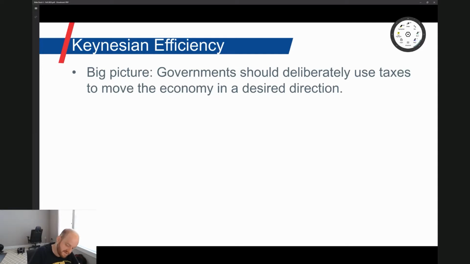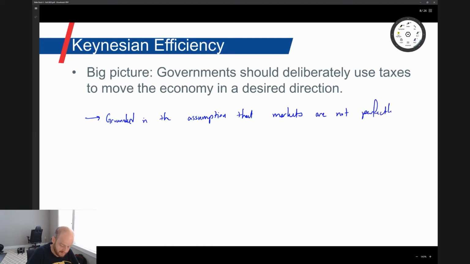And this is grounded in the assumption that markets are not perfectly efficient.